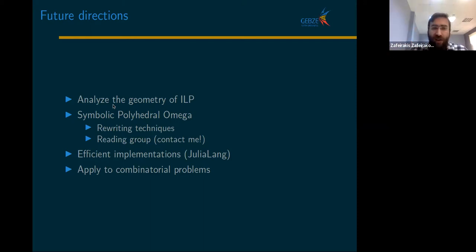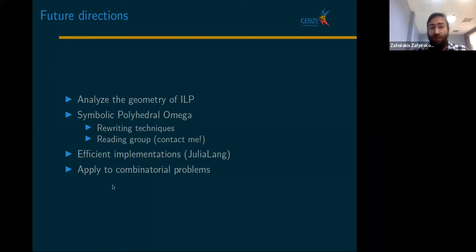Now, I want to solve the problem for A_n, where n is part of the input. And there we will need rewriting techniques. We're currently setting up a reading group about rewriting techniques, and then we want to work on these topics. But that's a rather different direction from what I discussed today.